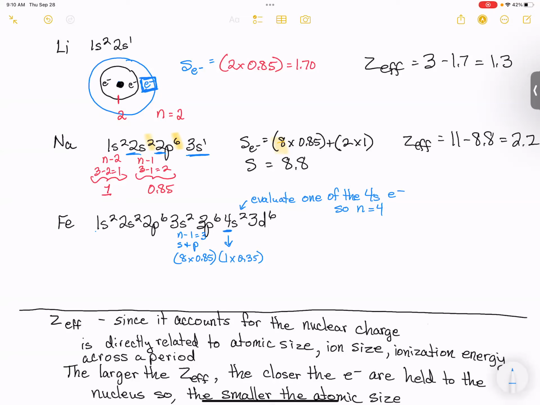I'll write it out larger in a minute. Now, all of these have an n less than or equal to n minus 2, and they are s and p. So all of these, which is 10 of them, are going to impact it by 1.